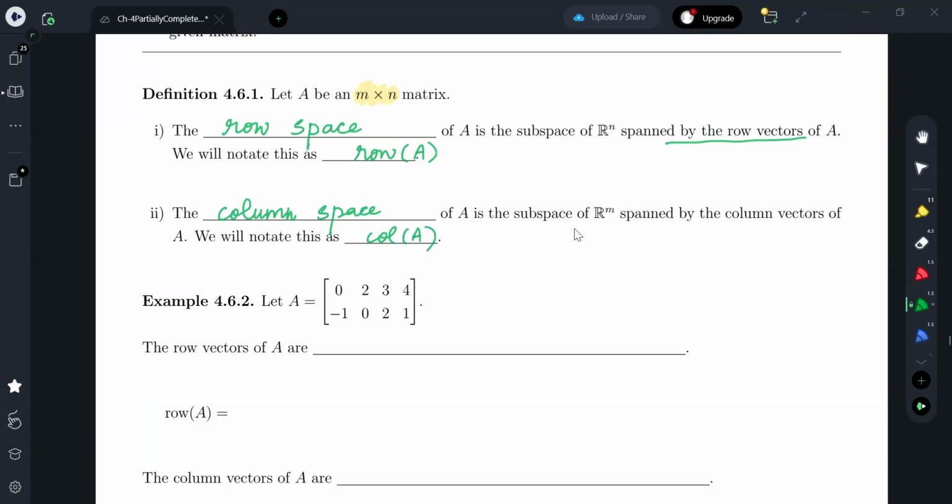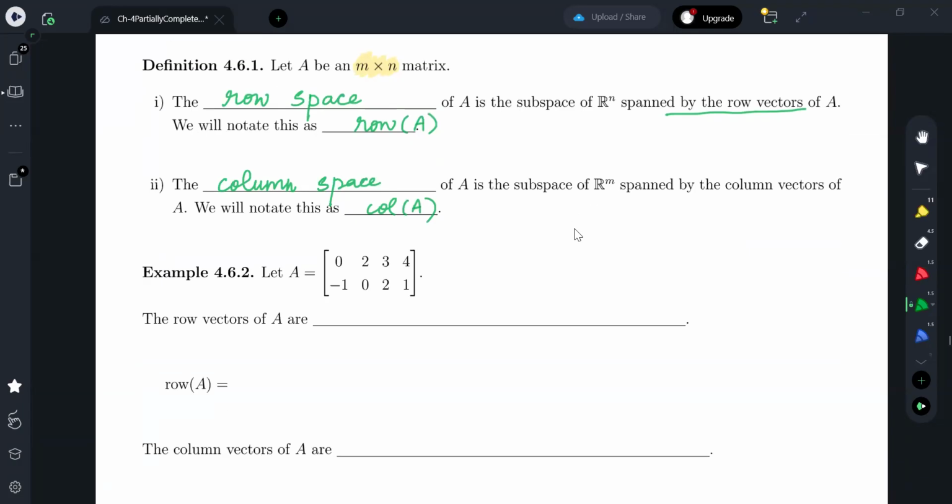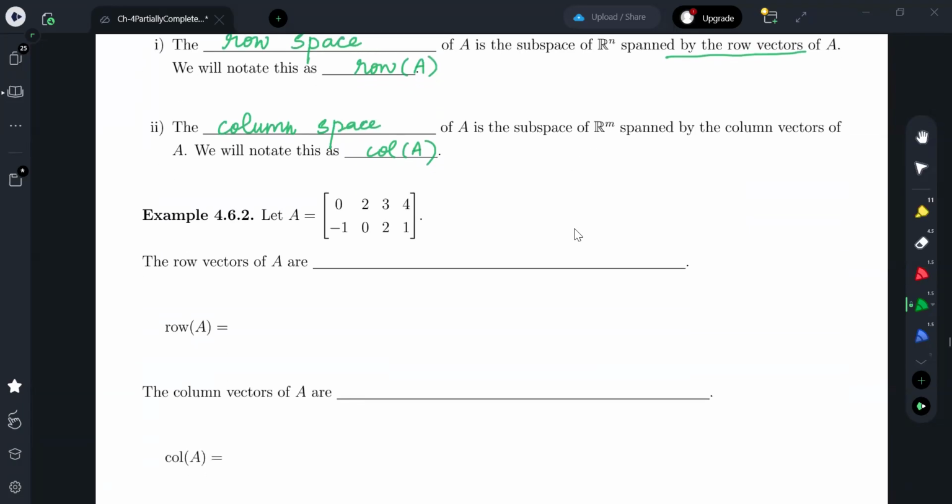It's a very straightforward process. I give you a matrix. A is m by n. The row vectors are, can you write down the row vectors?